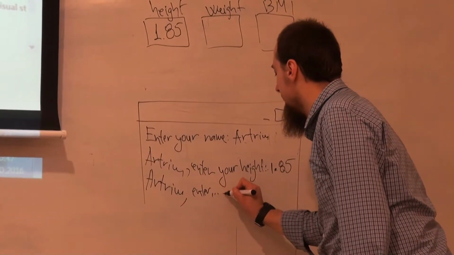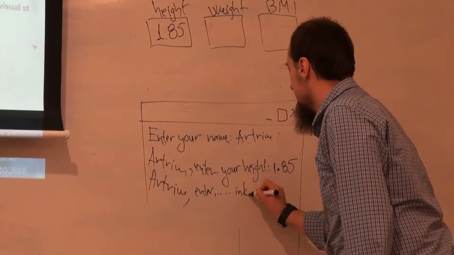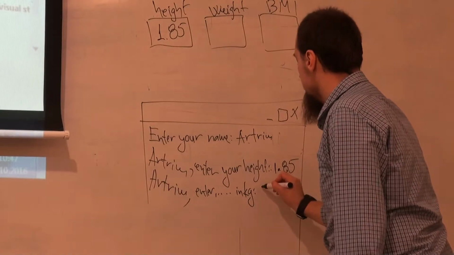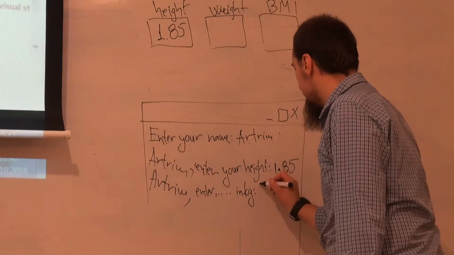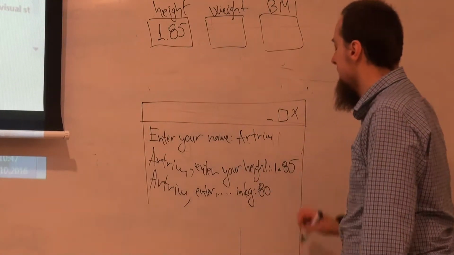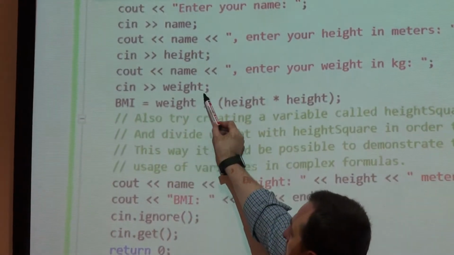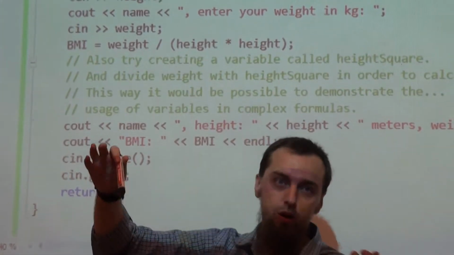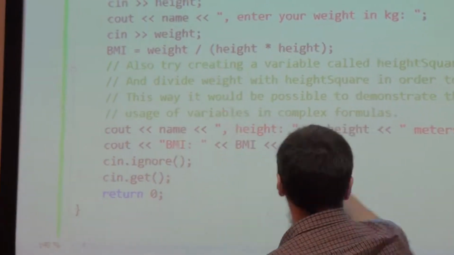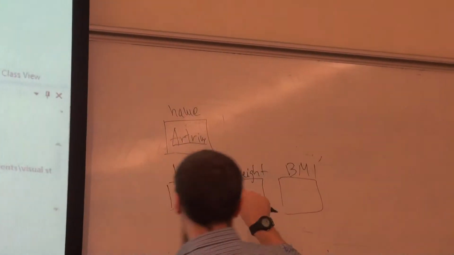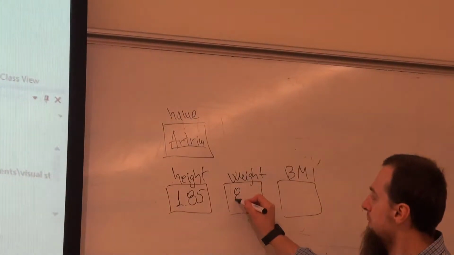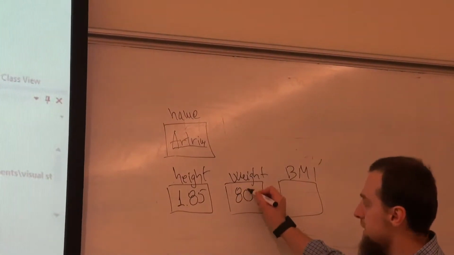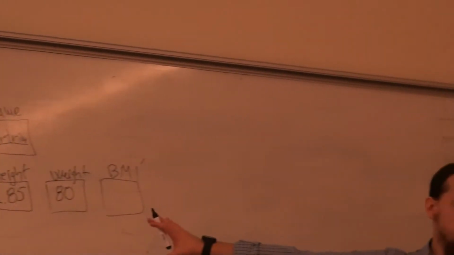Let's say I was 75, 80, never mind. When I press enter here, so now I came here, when I write 75, 80, whatever, I press enter, automatically it's stored here. So 80 is stored at the weight box.